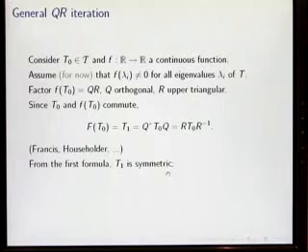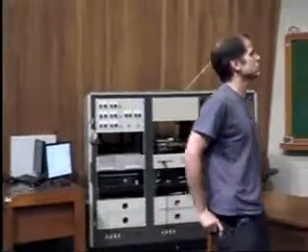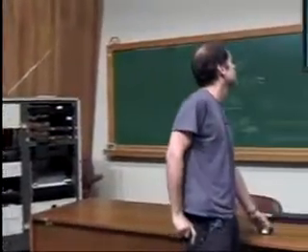From the formula with the Q's, you started with a symmetric matrix, you conjugated it by an orthogonal matrix, so of course it's symmetric.